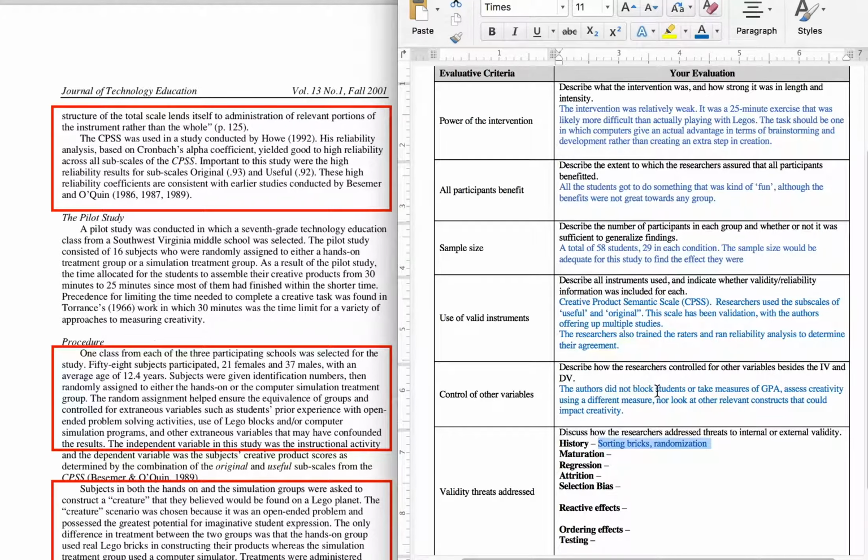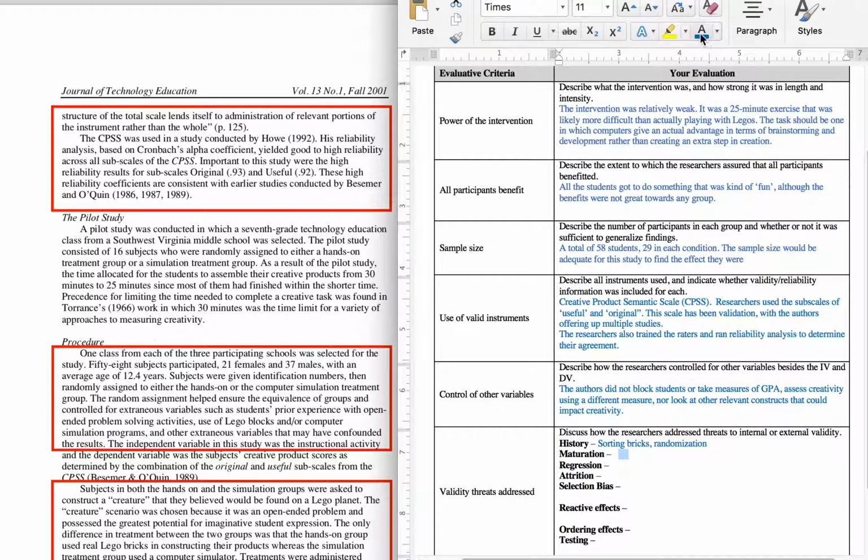Not really worried about things that happen during the experiment because it's so short. But in this case, they did have the students sort bricks, so they'd have the same amount of time. But that is something that actually could be a liability, but I don't think that it is. Randomization also takes care of other history factors.